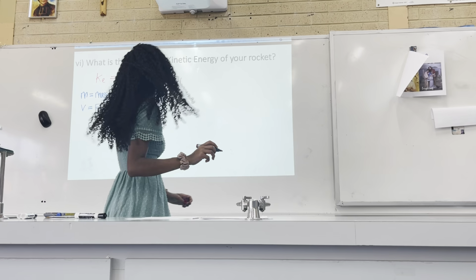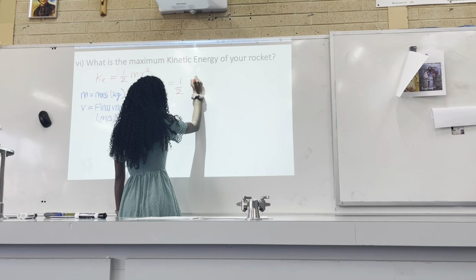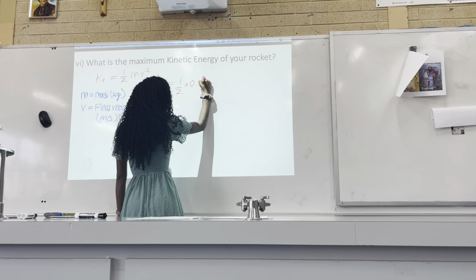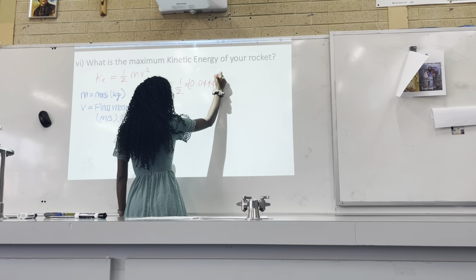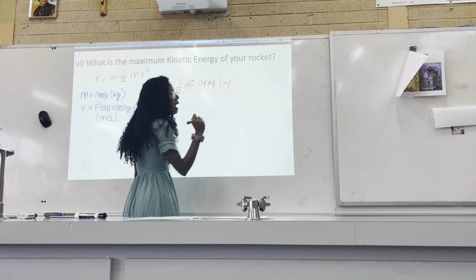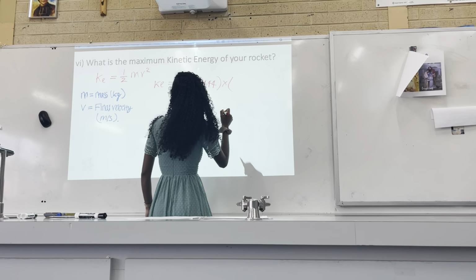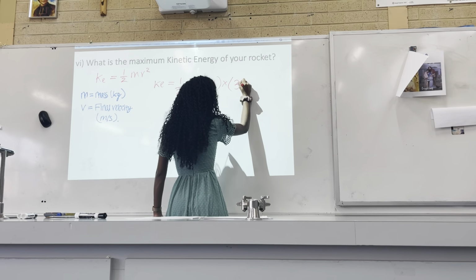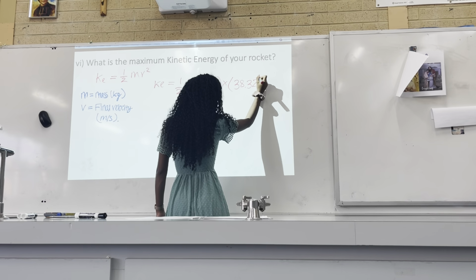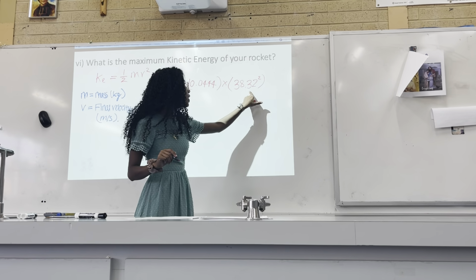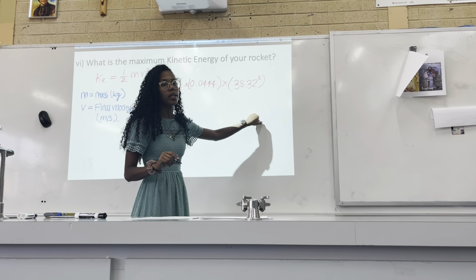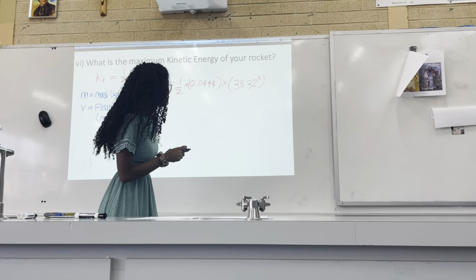Oh yeah, 0.0444, and then multiply that by 38.32 squaring it, okay? And this is from my first initial equation when it looked at the max velocity.